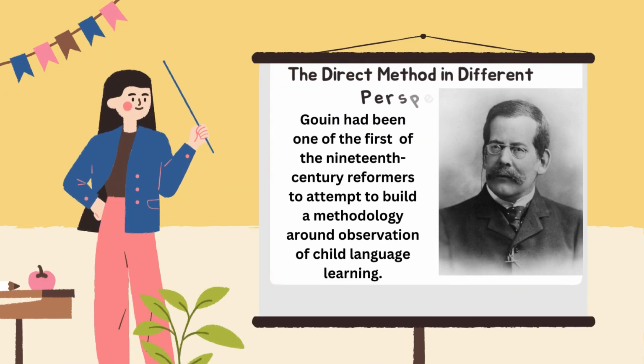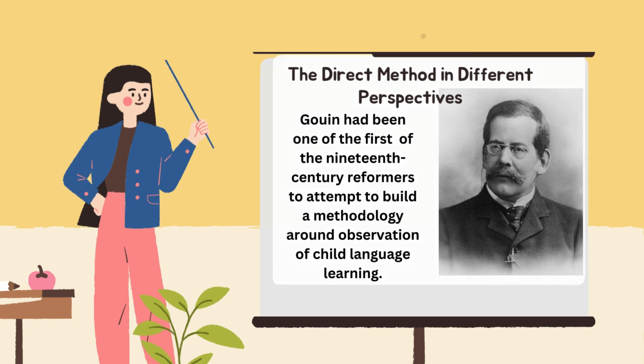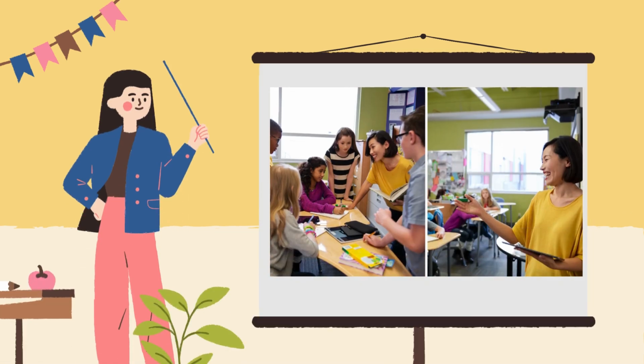In Gouin's method, language is presented and learned as a sequence. The direct method of teaching was developed as a response to the grammar translation method. It aims to immerse the learner in the same way as when a first language is learned. Francois Gouin uses gestures and actions to get across meaning.